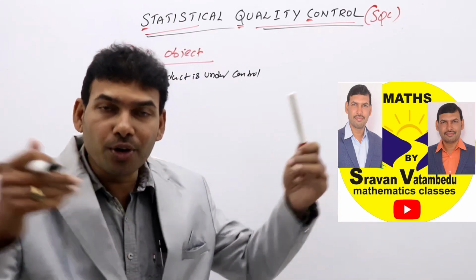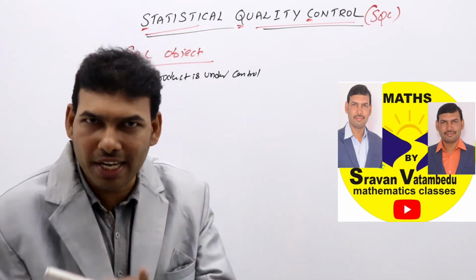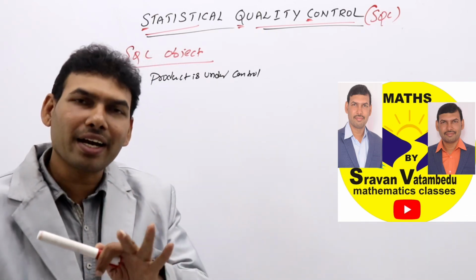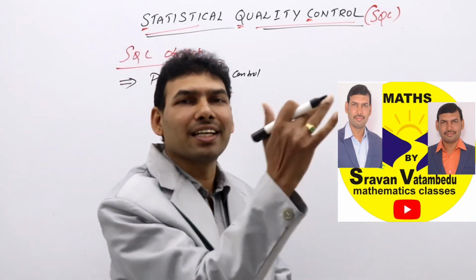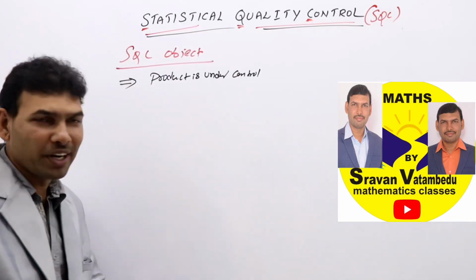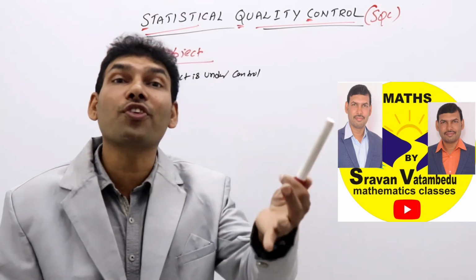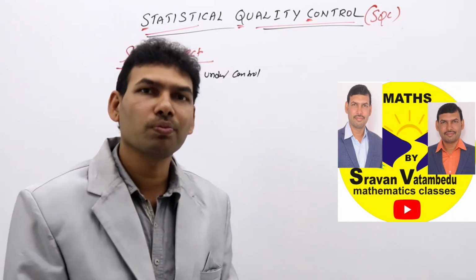You give some standard in the first stage, and check whether the product is meeting that standard or not after the first stage. If it is not meeting, then the first stage of production is out of control, not under control.